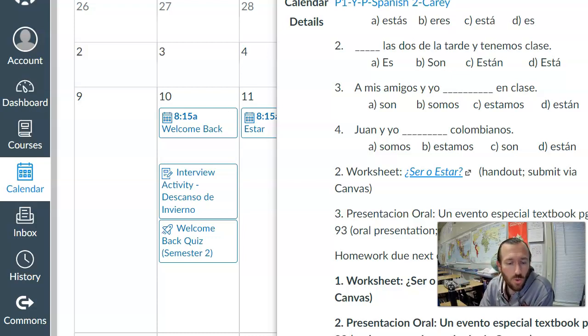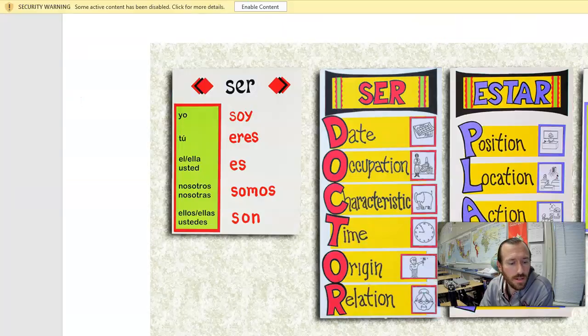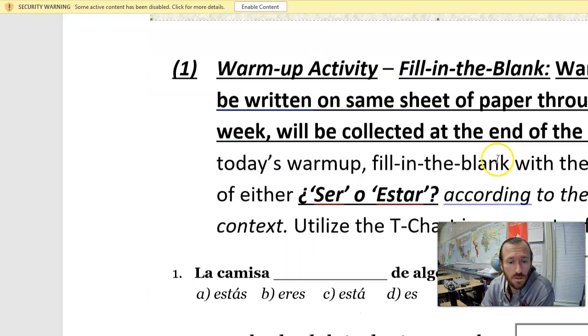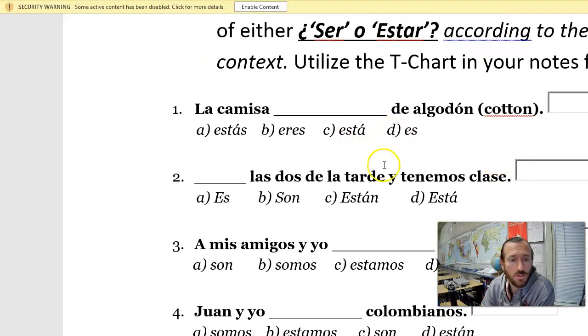And then you have a quiz on Ser and Estar. Really, if you just take a look at this T-chart, you take a look at the homework and the in-class activities that we've been doing, the quiz is going to be very similar to what you've been doing. A lot of fill in the blank, maybe some short answer responses, similar to the ones that you guys did for today.